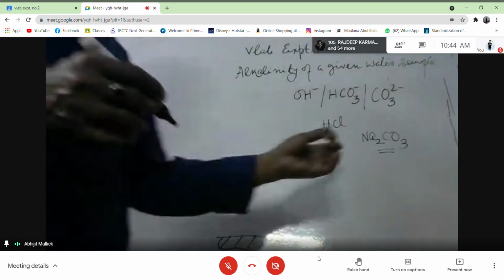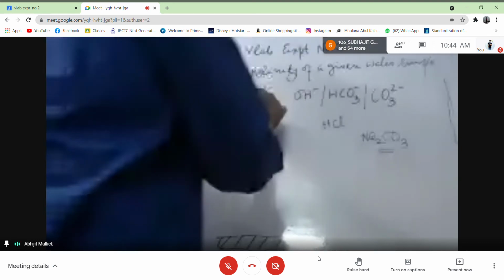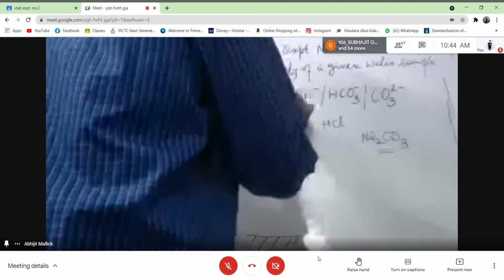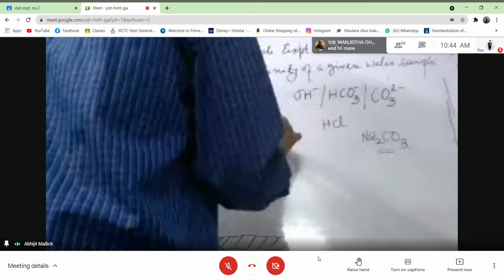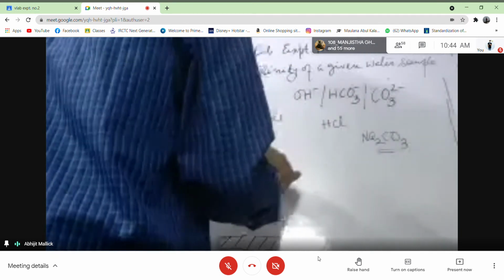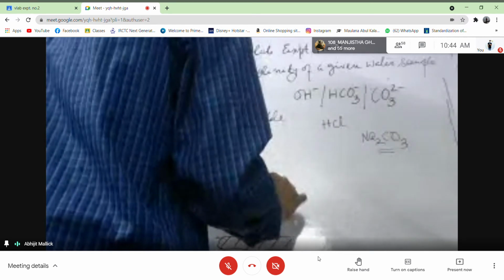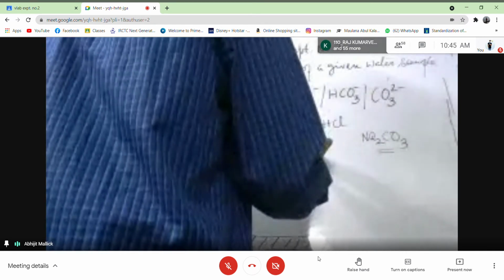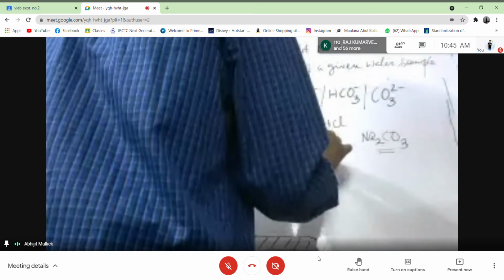This is our table 1, to standardize HCl, and there will be 4 readings: 1, 2, 3, and 4. And as usual, V1 into S1 is equal to V of HCl into S of HCl.